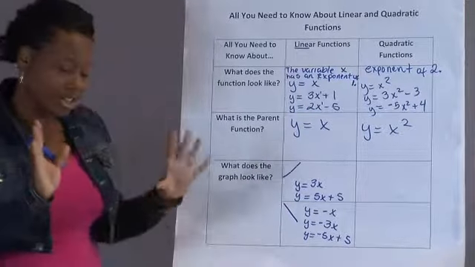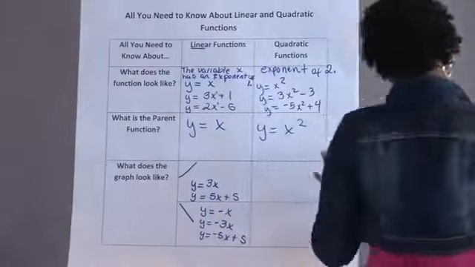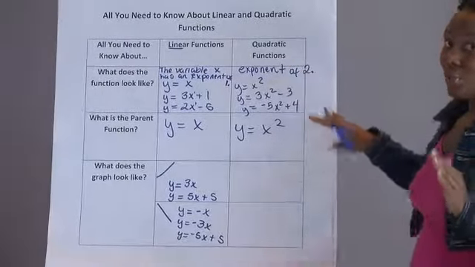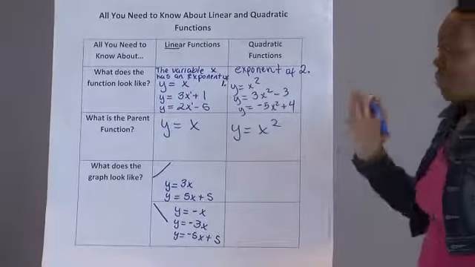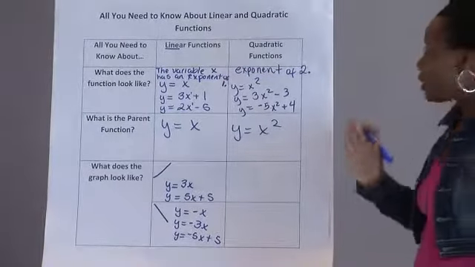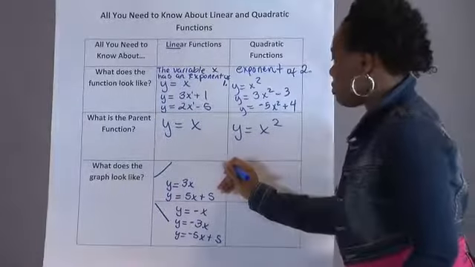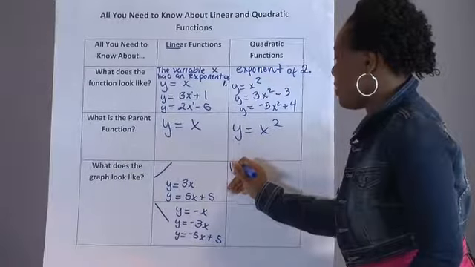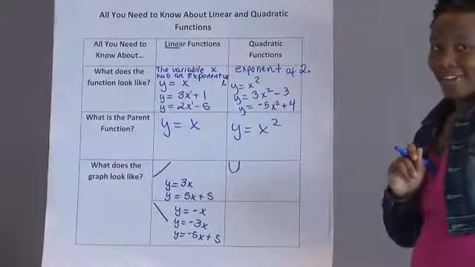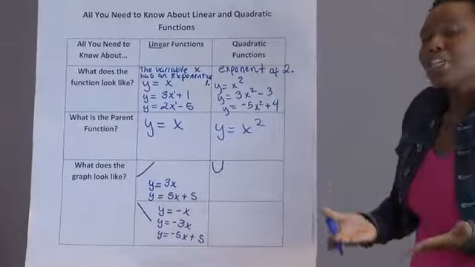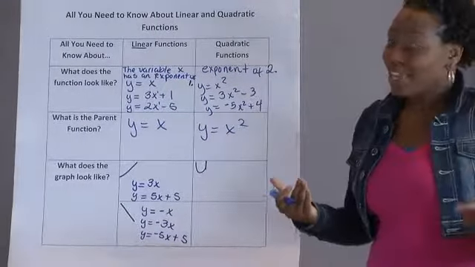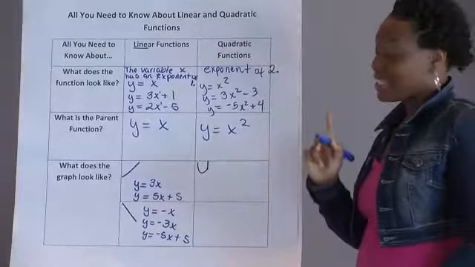You're the teacher. So you go to the other side, and you're going to talk about the quadratic function. What does the graph of that look like? The graph of a quadratic function actually looks like the letter U. Not T, but U. Okay? So the U is open upward like a smiley face if the number in front of the x is positive.